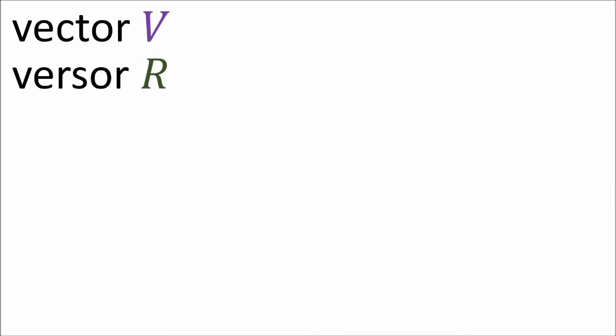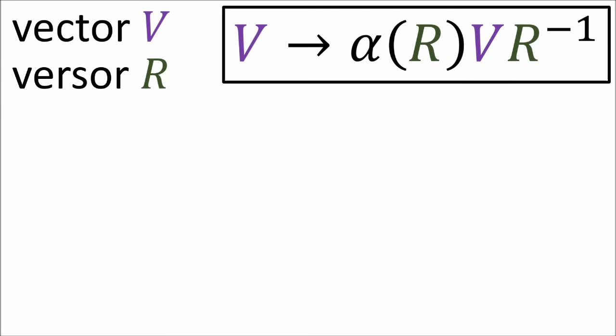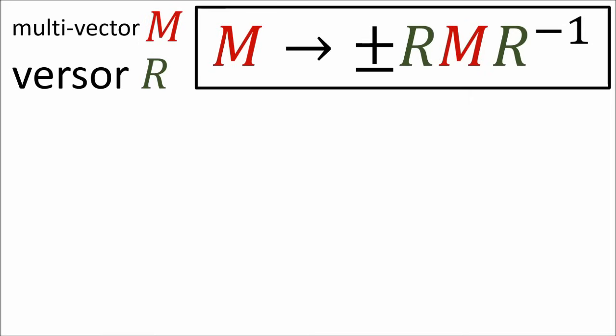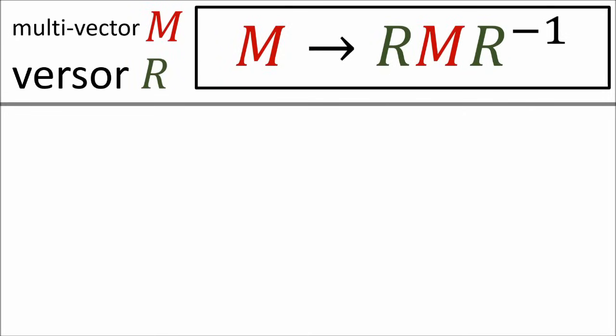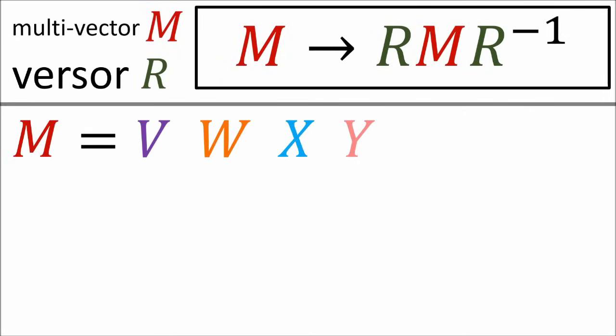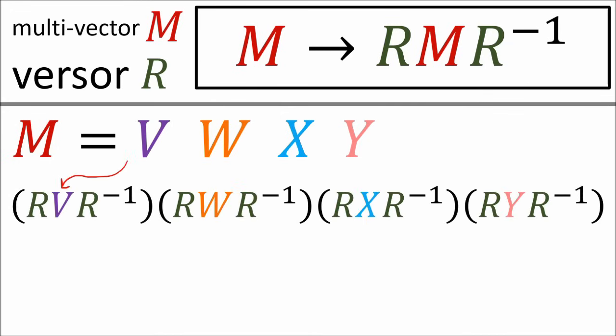So we've learned that we can transform a vector v using twisted conjugation with a versor r. It turns out that we can also transform any general multivector M using a similar transformation. Let's start by assuming the versor R has an even length, and so the grade inversion doesn't change the sign. If M is made up of vectors v, w, x, y, we can transform each individual vector using conjugation.